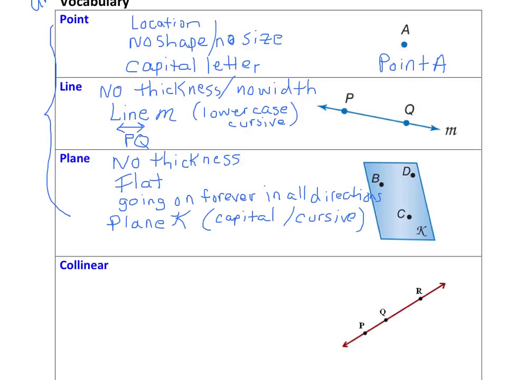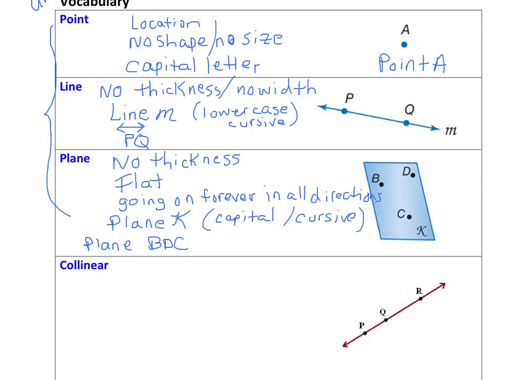Or you can label it with three non-collinear points, that means three points that are not in a straight line. So we can label this plane BDC, and you could have just as easily said CDB or DBC, doesn't matter.